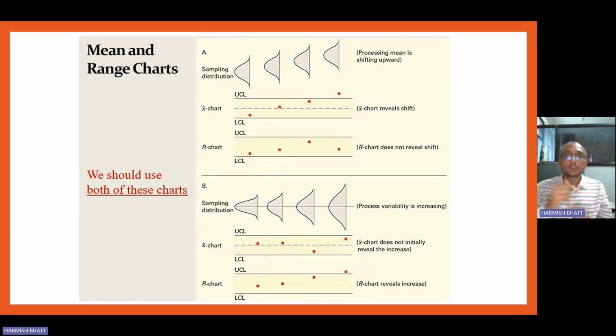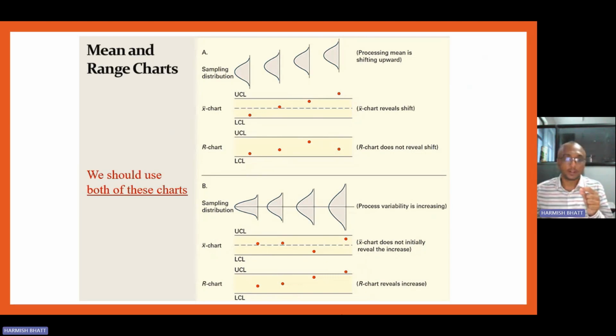Okay, now let us talk about the case B. When we talk about the case B, if we prepare the X bar chart, all the data points are within the limit of LCL and UCL. It means that this particular X bar chart gives us the justification that the process is under control.